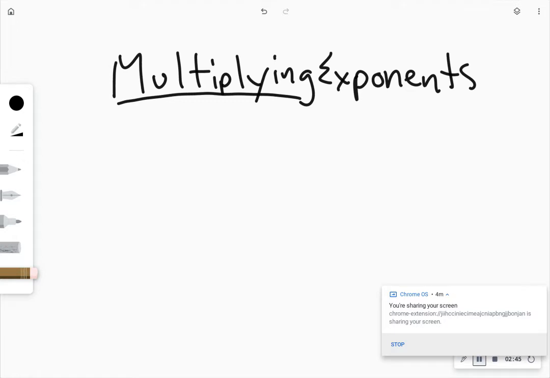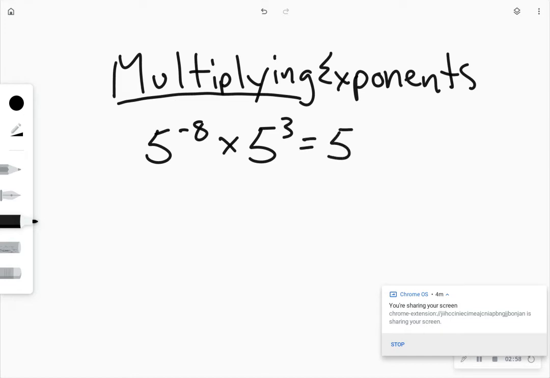Okay, let's try one more. What if I had 5 to the negative 8, and I'm multiplying that by 5 to the third? Well, again, you're just going to add the integers. So I have 5 to the negative 8 plus 3, and that gives me 5 to the negative 5. Now, I have a negative exponent. What did we learn the other day about negative exponents?